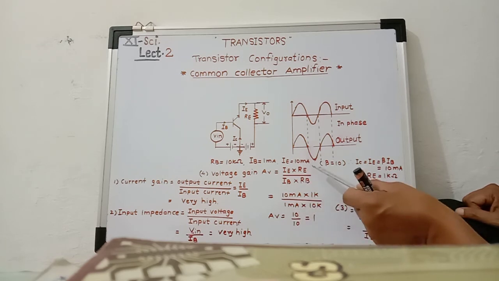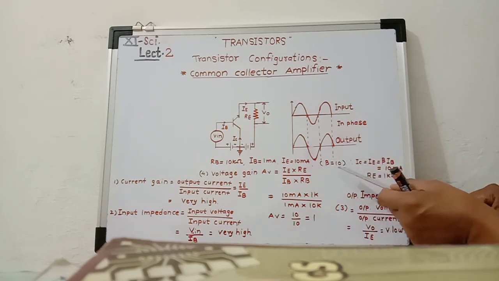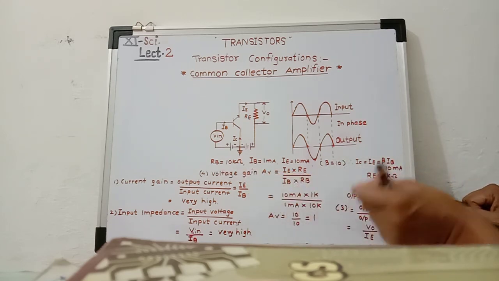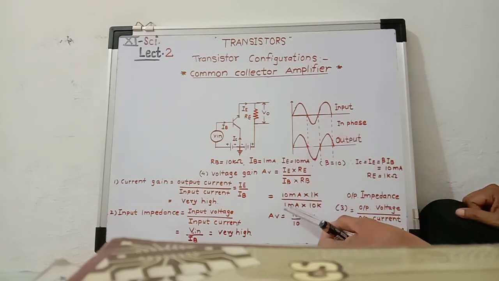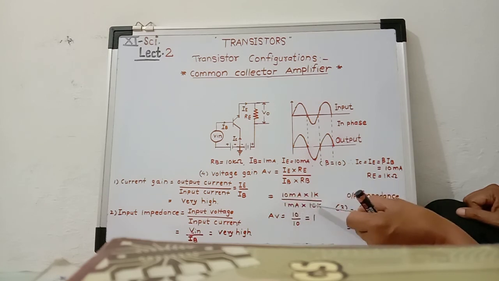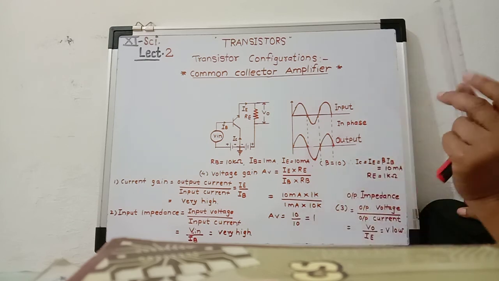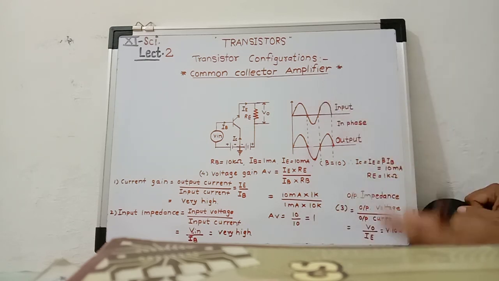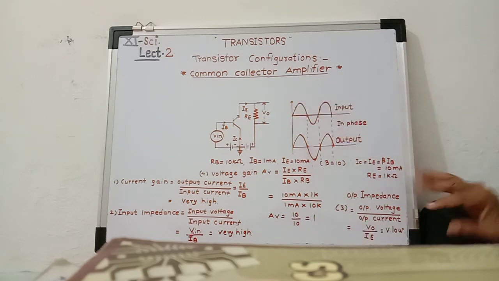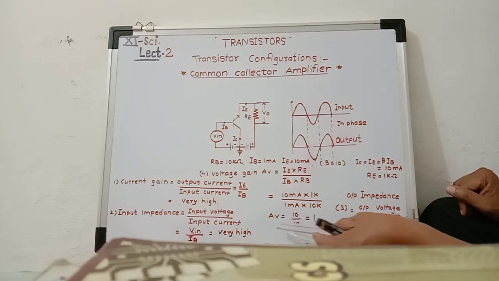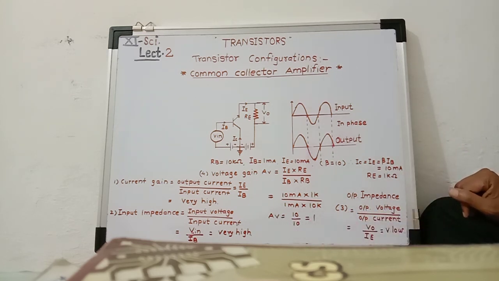Substituting these values, the milliampere and kilo cancel, so 10 divided by 10 is equal to 1. The voltage gain of an emitter follower or voltage follower is always 1, or unity. Therefore the voltage gain is equal to 1. So we will stop here.